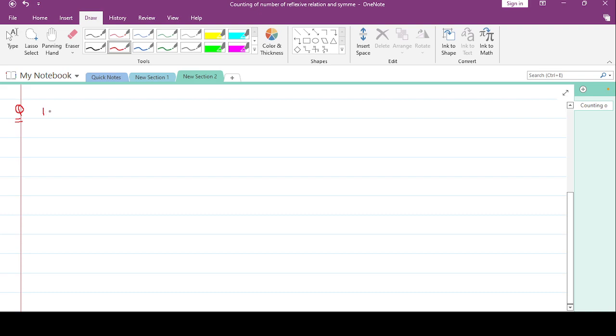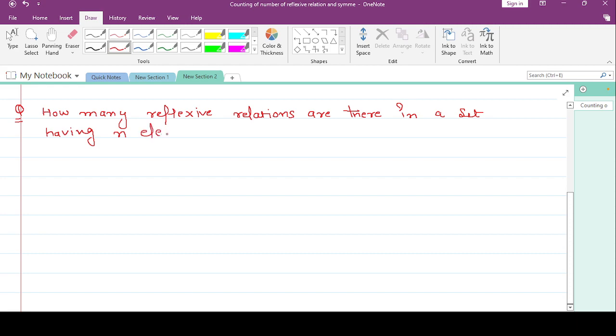So, how many reflexive relations are there in a set having n elements?